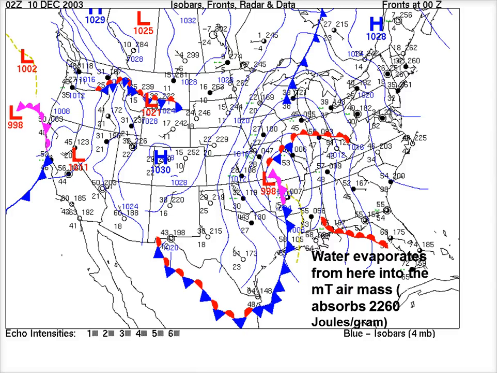We're also going to see what happens in terms of the energy transfer. So here in the Gulf of Mexico, water is evaporating from here into this empty air mass, and evaporation absorbs energy. And for every gram of water that evaporates, 2260 joules are absorbed.